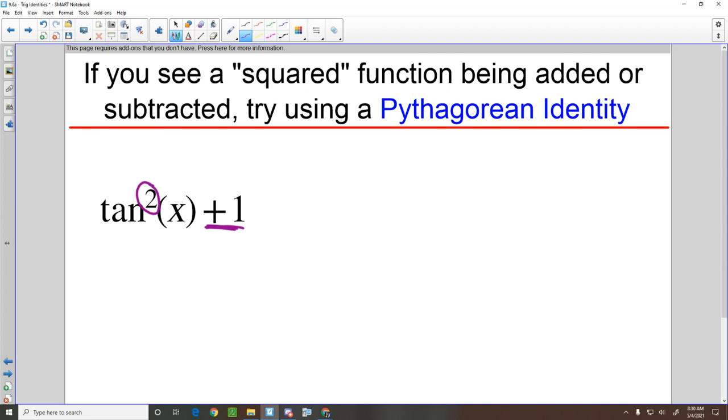So if you see a squared function and then something being added or subtracted, think, wait, before I just replace things with sines and cosines, let's first see if there is a Pythagorean identity with these terms in it that I could use to replace it.